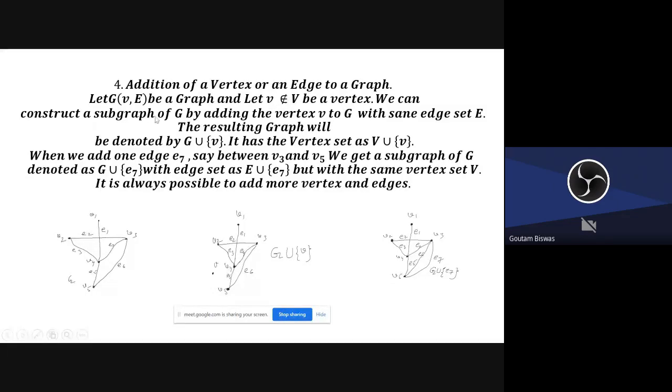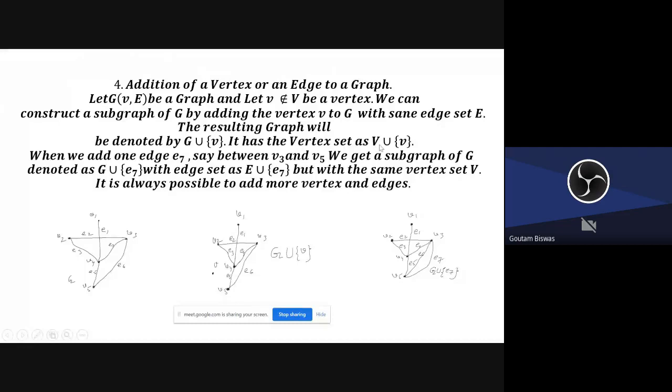We can construct a supergraph of G by adding this vertex V to G. So G union V, this is the graph. Here is V. If you introduce this vertex, it is G union V. Now this is denoted as G union V.